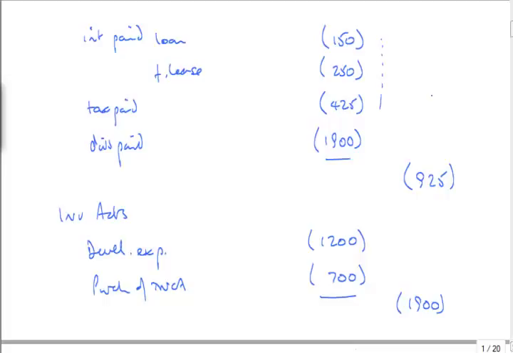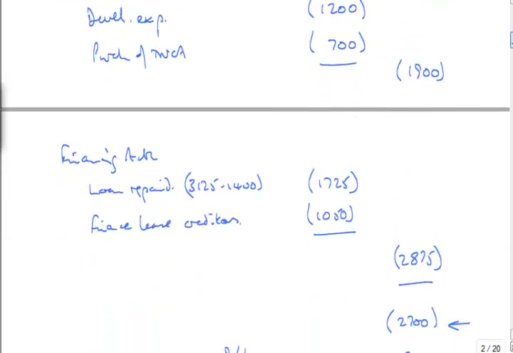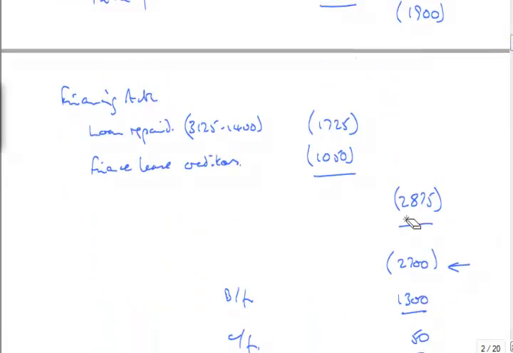Agrees. It's 2,775, not 2,875. So that brings that down to 2,6, and it should be 1,250.